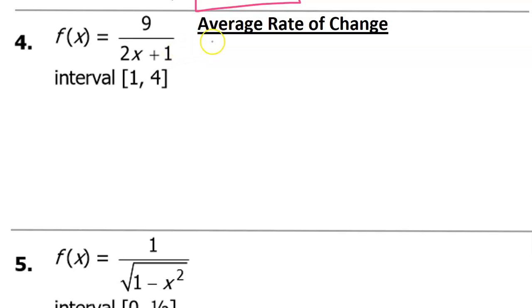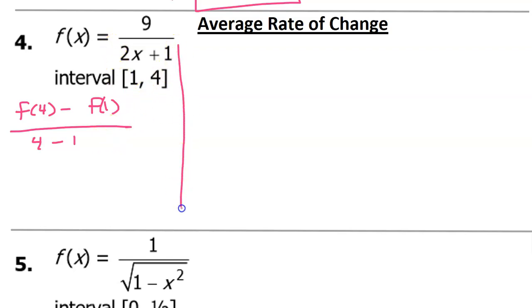Number 4, let's set up the average rate of change. That's the old school slope on the interval from 1 to 4. So I'm going to do f at 4 minus f at 1, divided by 4 minus 1. f is this sort of complicated function, so this is going to take up a little bit of space.